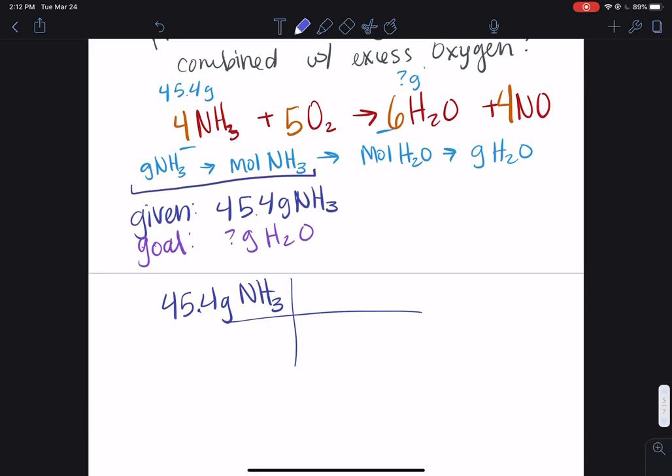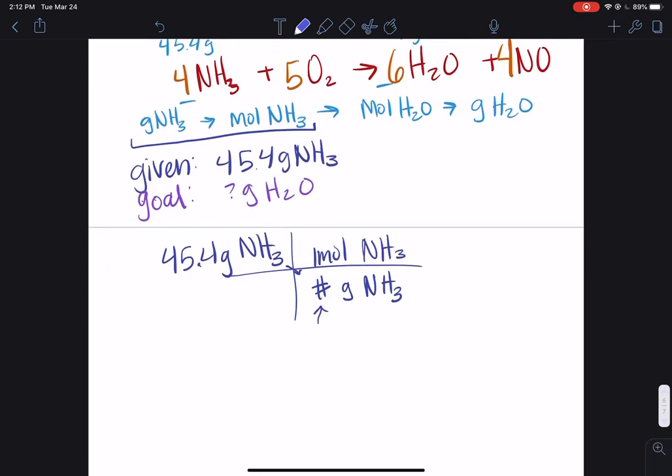Since grams is on top, I want to put grams on the bottom. What I know about ammonia is how many grams are in 1 mole. This is the molar mass. How do you find that number? You break up the compound. I have 1 nitrogen and 3 hydrogens. Each nitrogen weighs 14 grams, which came from the periodic table, and each hydrogen weighs 1 gram.